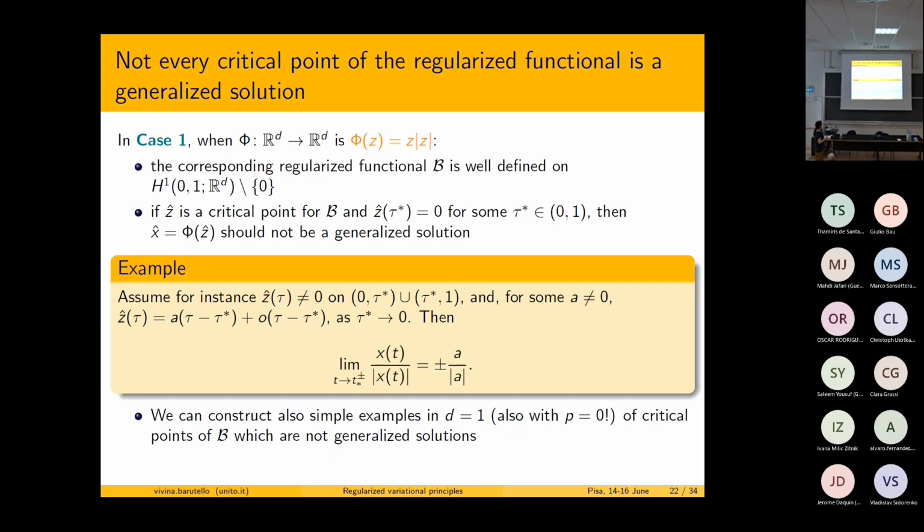Okay, this is a stupid counterexample, but it's there. And you can also construct many strange things. So for which, in this case, you can say that if you have a critical point of P, then you go back to a generalized solution. This is not good. You need a further assumption, but I will not talk about that.